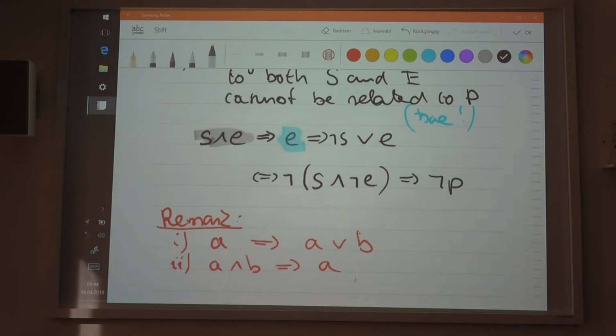So anyone who is related to both people, I apologize, I don't want to mix this up here, cannot be related to Paula, given that the original statement is true. Is this clear? Now this is what you shall apply.